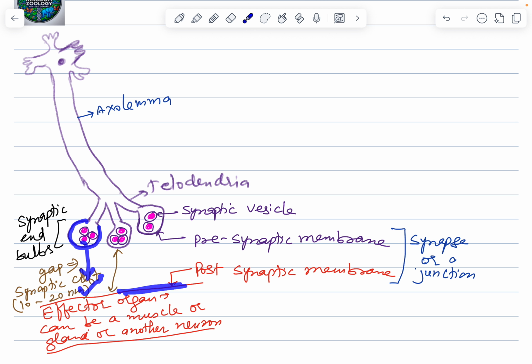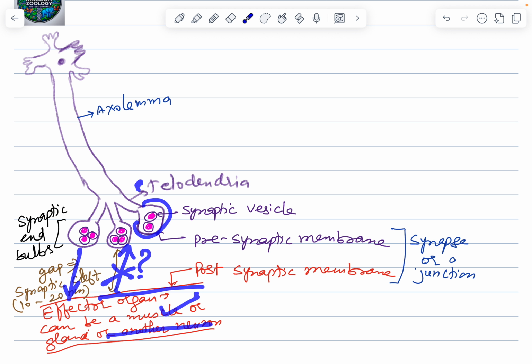Do the effector organs also have something that they can release to control the activities of the neurons? No. So there is information transfer in this direction, but is there any information transmission in the opposite direction also? No. This allows the neurons to control the effector organs while not getting affected themselves by these organs.